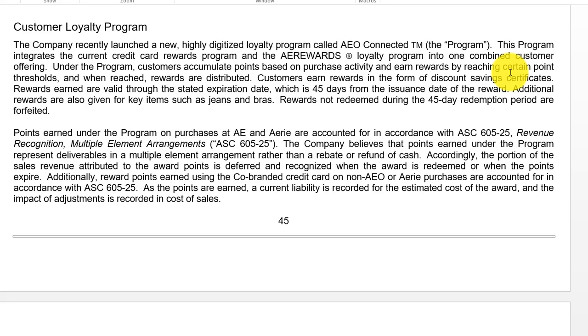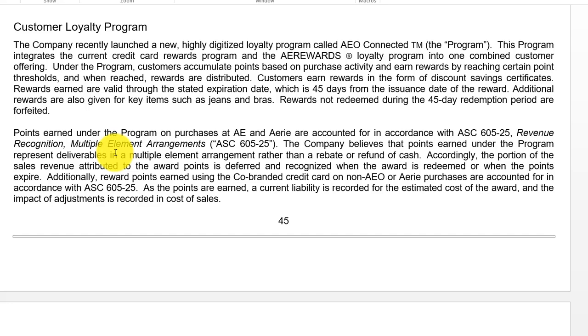Okay, all right. So they're giving you an idea of how that works, and they even use the term revenue recognition. Obviously, if there are later things that they still need to do, the revenue hasn't been fully earned, and we'll look at examples of that in a little more detail later.